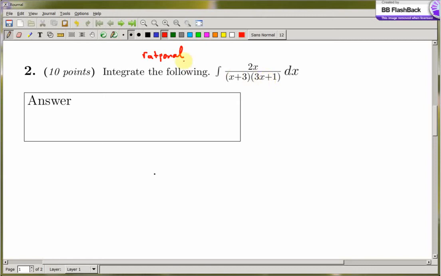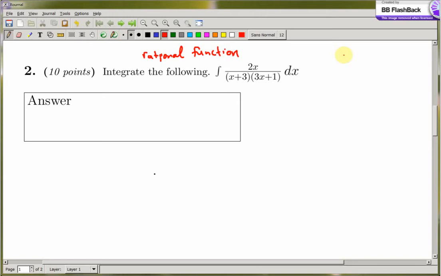Whenever you have a rational function, you can find its antiderivative by using the method of partial fractions. There are lots of different cases in general for doing partial fractions, but we are just going to do the very simplest case, which is a case like this.